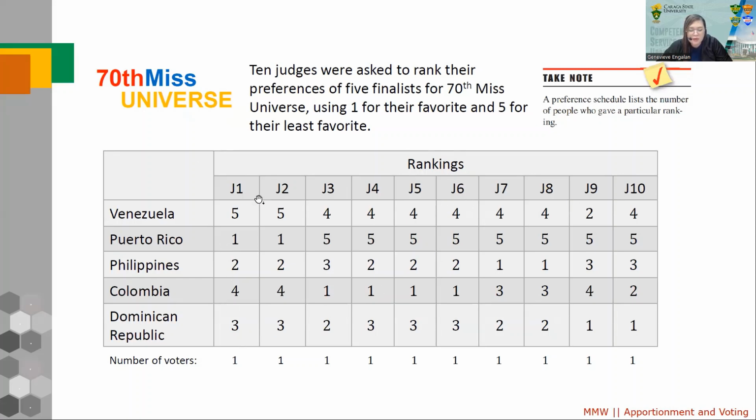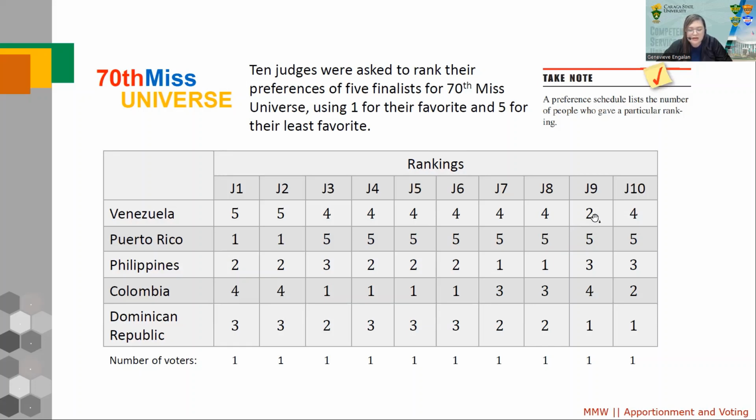So si judge number 1, mao ni iyang votes or mao ni iyang ranking. First niya si Puerto Rico, second si Philippines, fourth si Colombia, third si Dominican Republic, and fifth si Venezuela. And mao na ilang ranking.